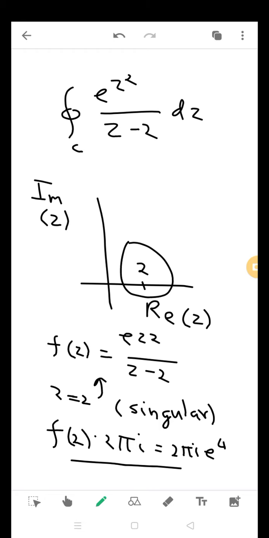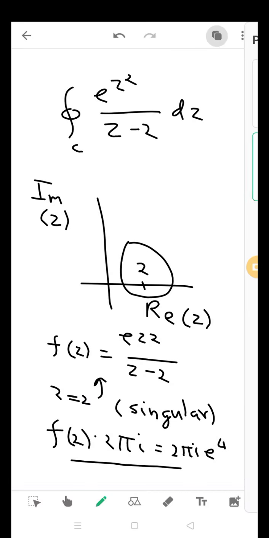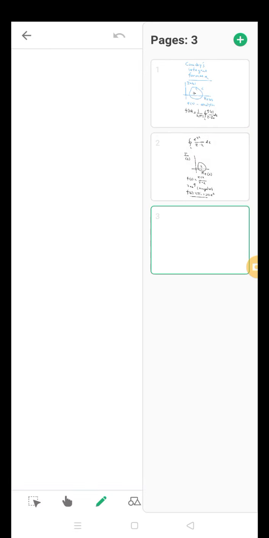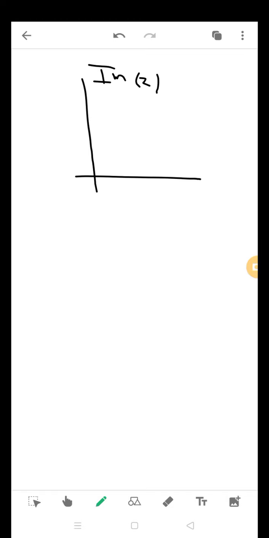Now, if the contour C was not holding the singularity, it means it was like this, imaginary z, real z. This is the point 2.